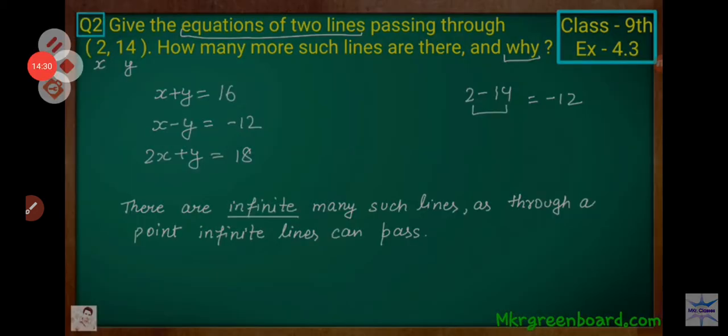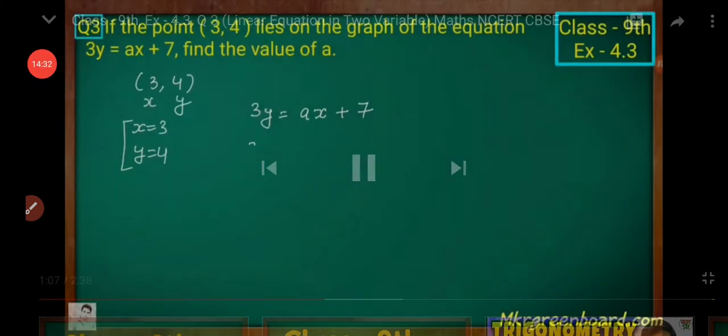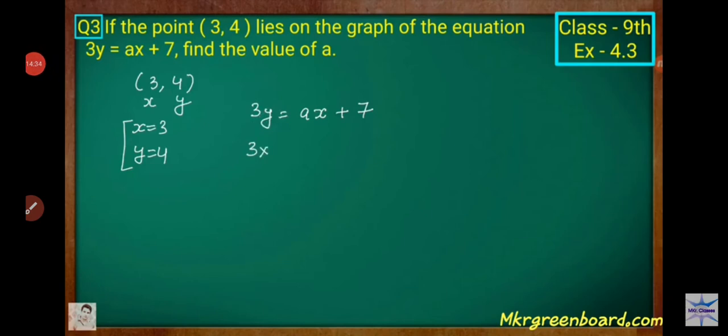Okay, understand? See question number 3. If the point (3, 4) lies on the graph of the equation 3y is equal to ax plus 7, find the value of a. Okay, if you take the point x is equal to 3 and y is equal to 4, put it in the equation, then you have to find the value of a. 3 into 4 is equal to a into 3 plus 7. 3 4s are 12, 3a plus 7.